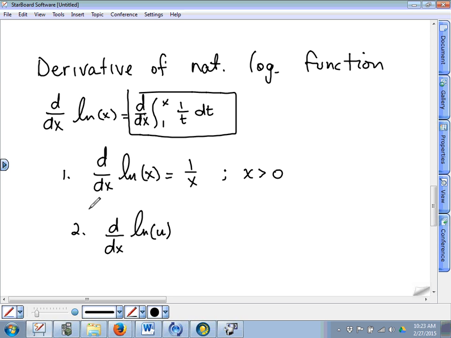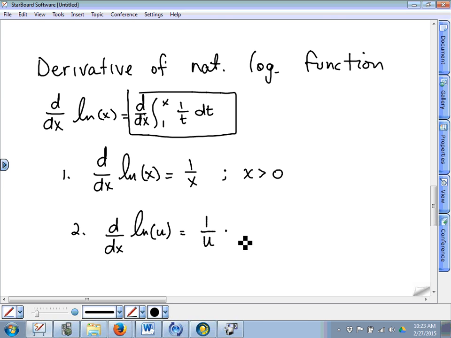Think of inside and outside functions. The natural log is the outside function. What's the derivative of natural log? 1 over u.